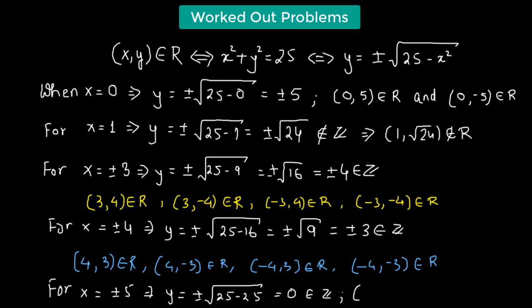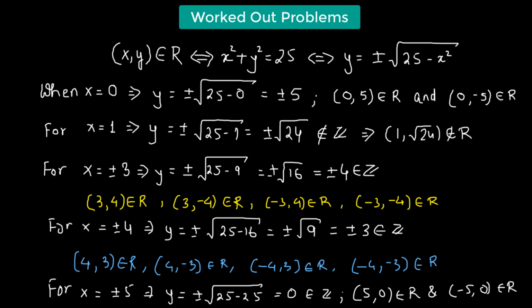So we can form the ordered pair positive 5, 0, which belongs to R, and negative 5, 0 belonging to the relation R. Now for any other values of x greater than 5, we'll see that the value inside the square root will be a negative number, and that will take us to the complex domain. And since we have to stick to only integer values, we'll not consider any values for x greater than plus or minus 5.